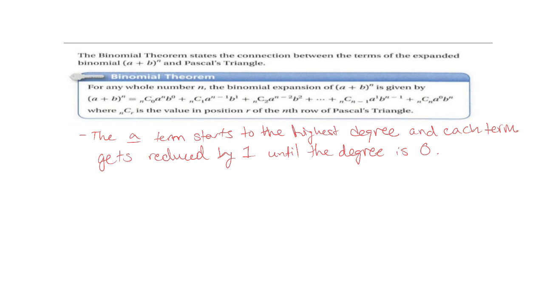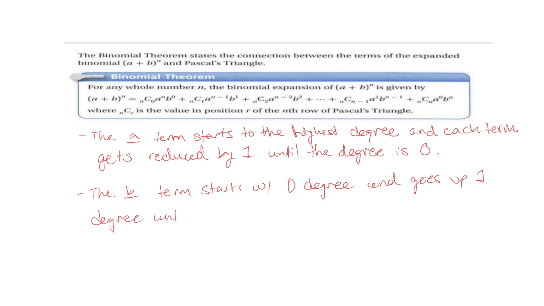Okay. In the second term, the b term starts with the lowest degree, meaning 0, and goes up 1 degree until it reaches the highest degree.